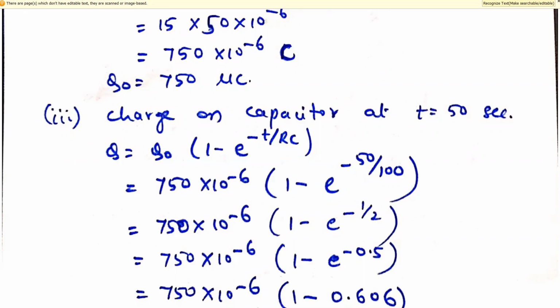Can you calculate the final value now? So it is 750 into 1 minus 0.606. You first calculate 1 minus 0.606, then multiply it by 750 into 10 to the power minus 6, which represents micro.